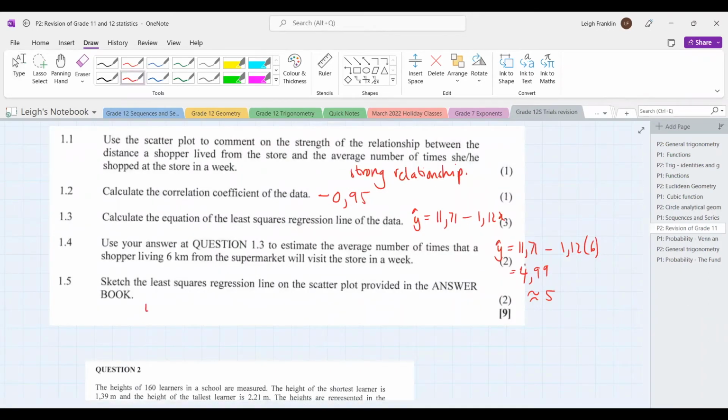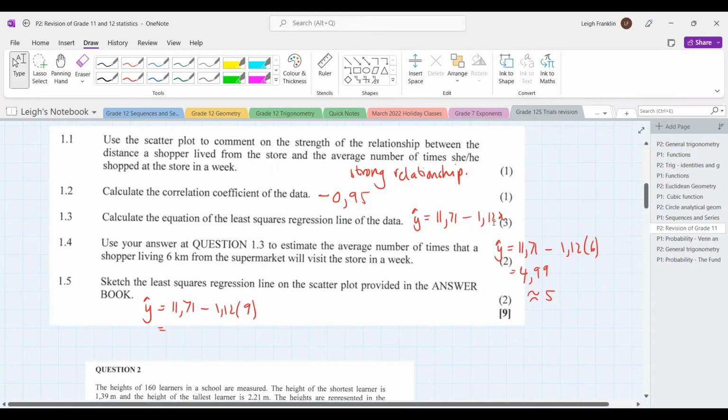All right, so let's calculate y hat. So that's 11,71 minus 1,12, and then 9 kilometers from the store, right? So this gives us a value of, what are you guys getting?